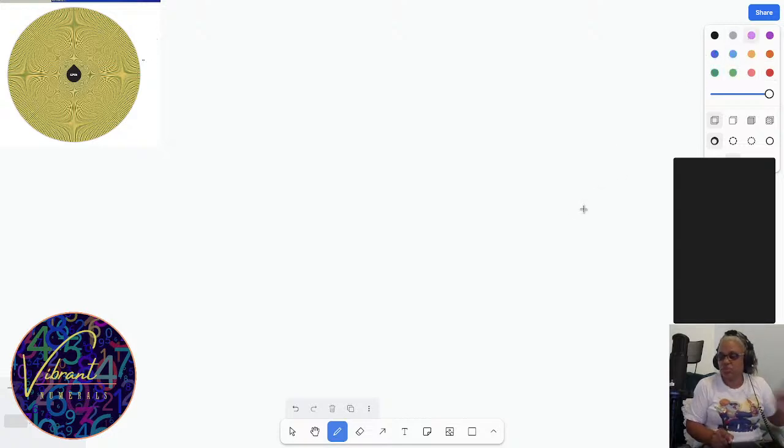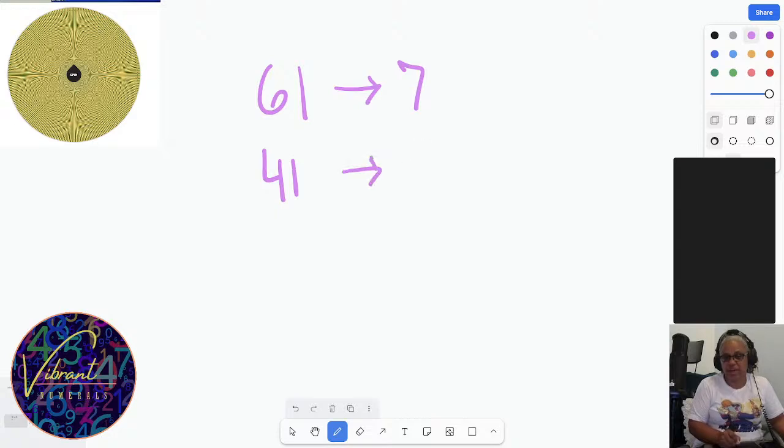41.5. Okay. So before I go on to what I was thinking, let's stop and look at these two numbers real quick. So Ron is a 61 to a 7, and then Judy is a 41 to a 5. So this is just interesting because it means that both of your first steps is 1. So your first step in anything that you're doing in life, in your whole life purpose, regardless of how big or small it is, the first step is to allow something new in.